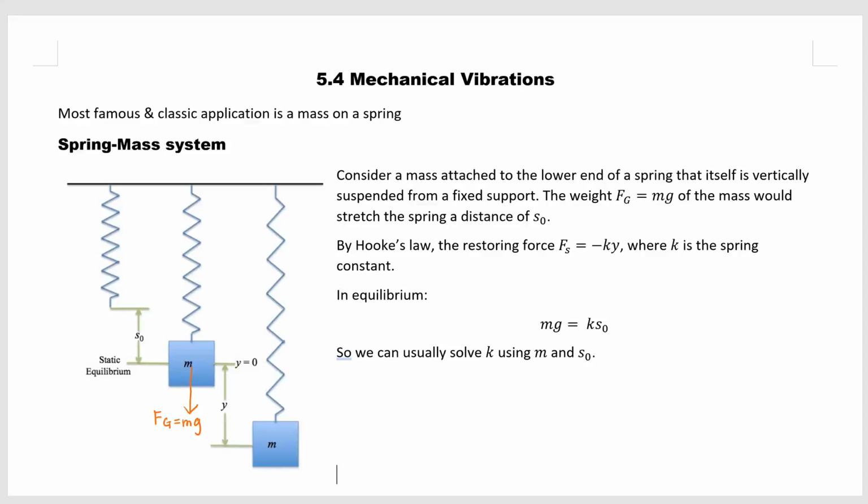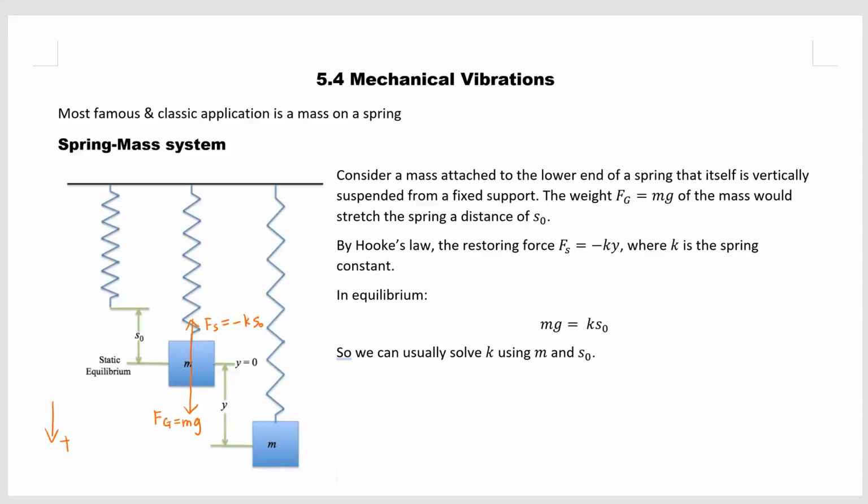So here, if we set downward as the positive direction, then the restoring force, the spring force, is going to be in the opposite direction. So that's why Fs in this case is minus k times y. y is how much we stretch the spring, right? In this case, we stretch it s0.